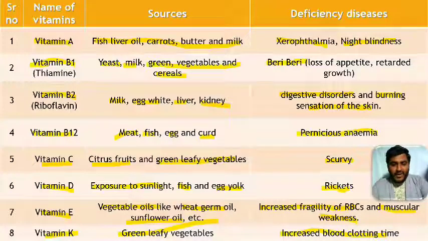So if we eat green leafy vegetables, we can get vitamin K, vitamin D, vitamin C and vitamin B. Only by eating green leafy vegetables we can get four vitamins. I hope you understood, guys. So these are some vitamins, their sources, and the diseases caused by their deficiency. I hope you understood, guys.